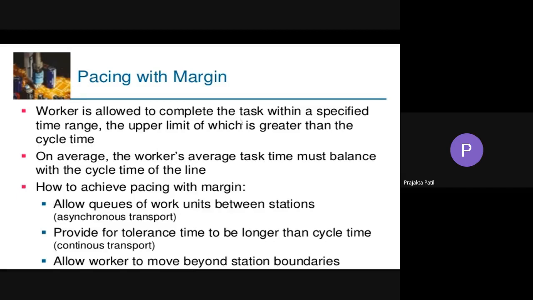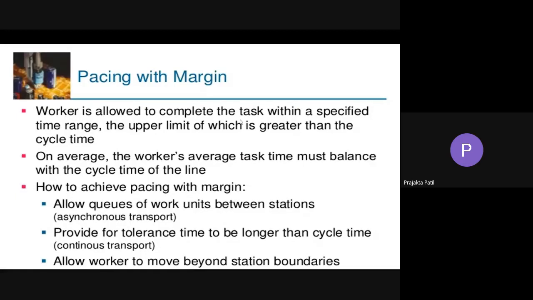When the station length is longer than the distance the worker needs to complete the assigned task, the time spent by the work unit inside the station boundaries is longer than the cycle time. So by using continuous moving conveyors, you can achieve the second way in which you can achieve this pacing with margin.